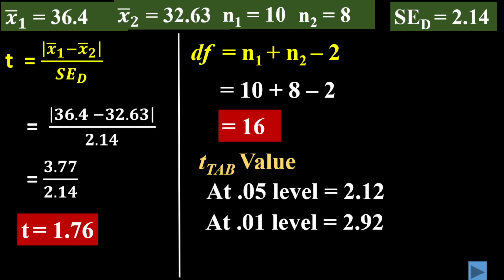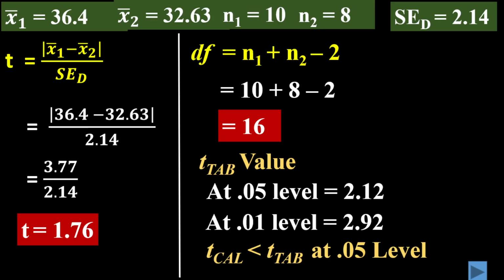Our calculated t value is 1.76, and it is less than both table values 2.12 and 2.92. So when our calculated value is less than the t table value, then the hypothesis is not rejected, and it is concluded that there is no significant difference between the adjustment of government employees of urban area and rural area.